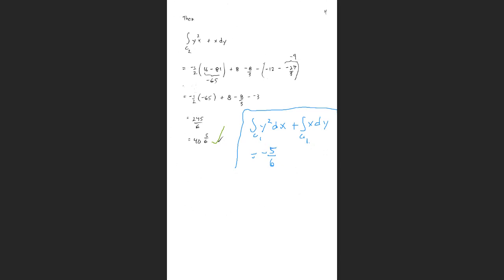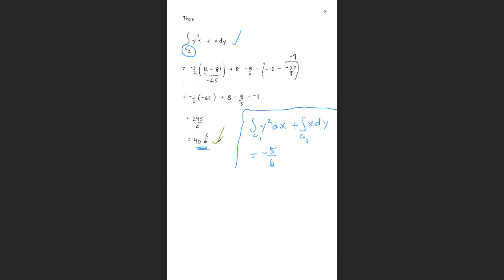But when we added the same two line integrals with respect to the second curve, which was the sideways parabola that began also at the point -5, -3, and ended also at the point 0, 2, we ended up getting a different answer.